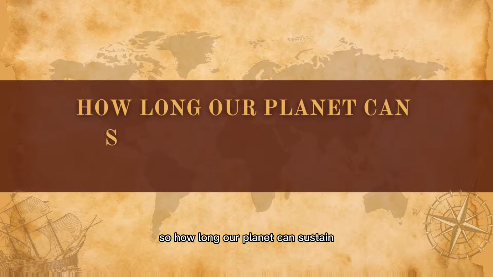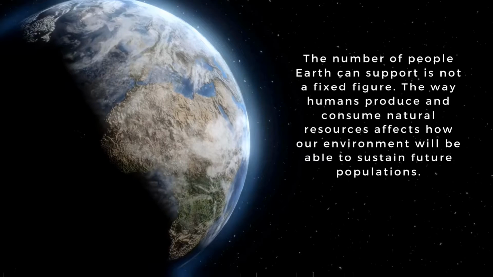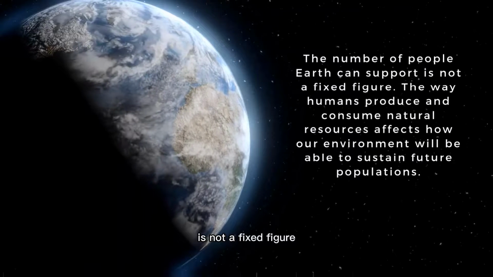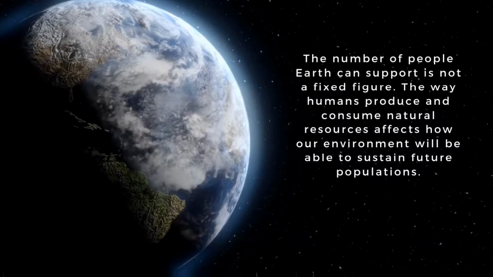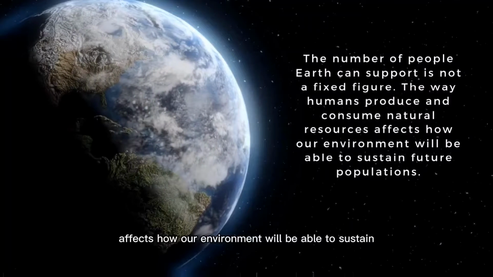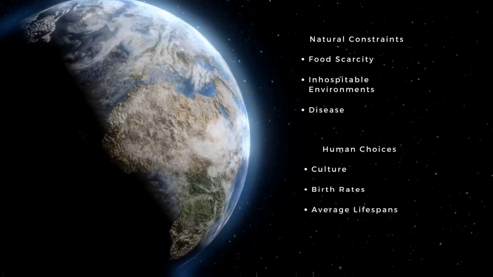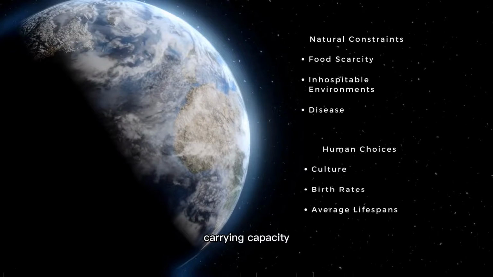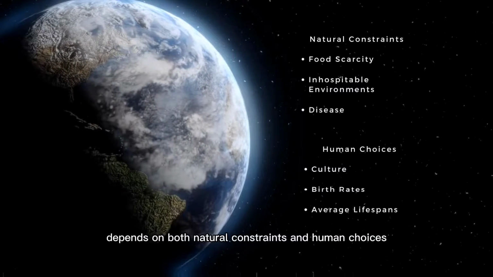So, how long can our planet sustain our growing population? The number of people Earth can support is not a fixed figure. The way humans produce and consume natural resources affects how our environment will be able to sustain future populations. When it comes to the human population, carrying capacity depends on both natural constraints and human choices.